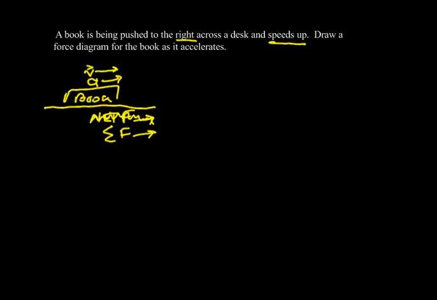So the first thing I need to do is identify the system. Here is my system. I'm going to draw a box. We are on Earth. I know that. So I'm going to draw an arrow down: the force of gravity on the book by the Earth.